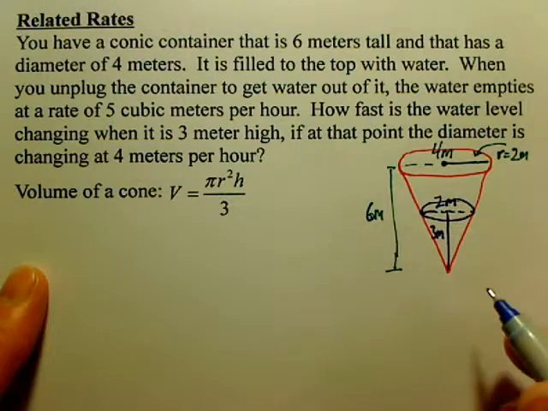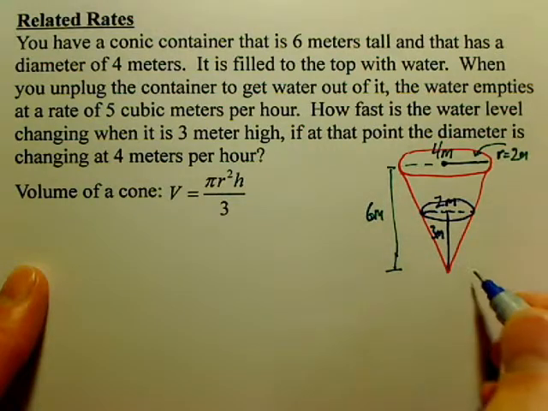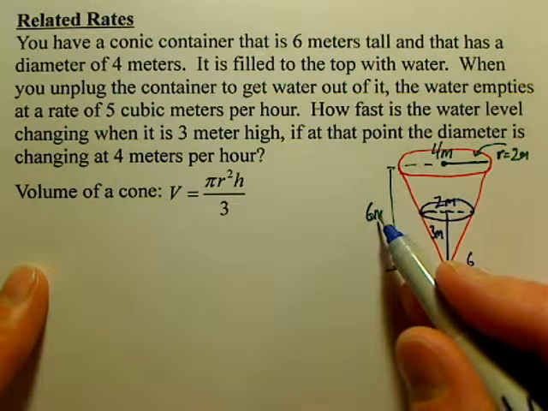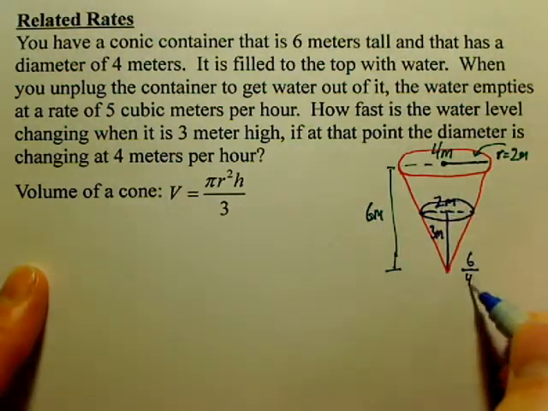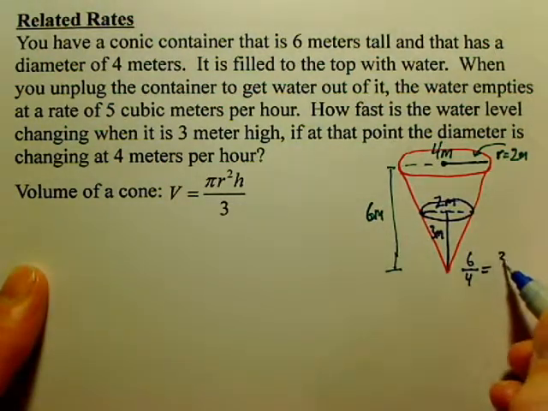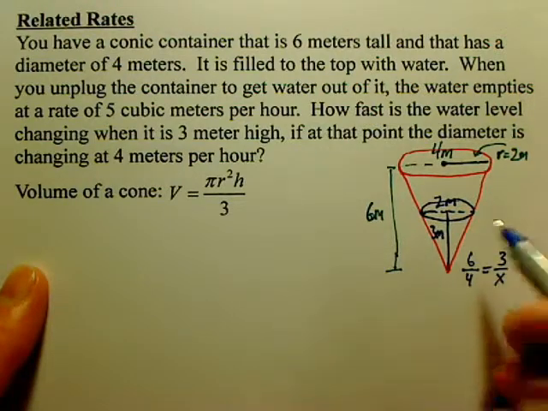Well, you could do a proportion. And a proportion looks like this. 6 height to diameter is equal to height to diameter.